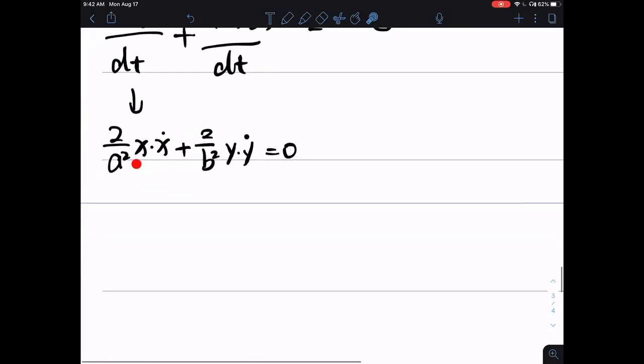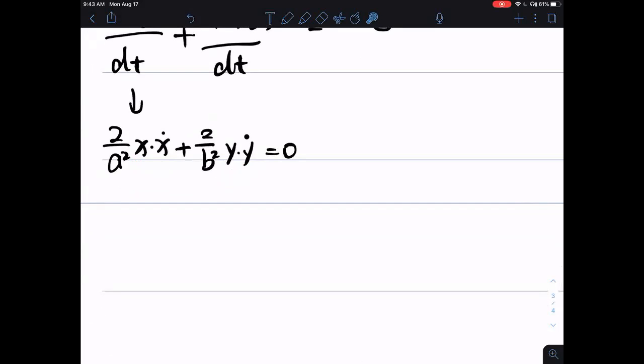So we know what is x, we know what is y. A and b are given. And x dot is something we're trying to find. Y dot, what is y dot? Y is a position in the vertical direction. Y dot, it's a what? Take the derivative of position, that is speed, velocity, right?